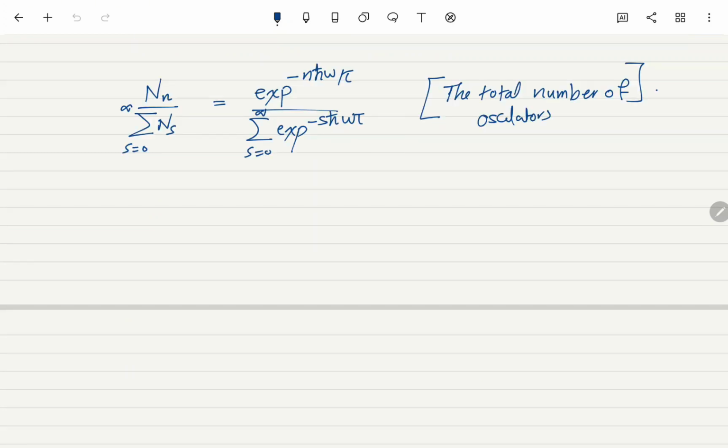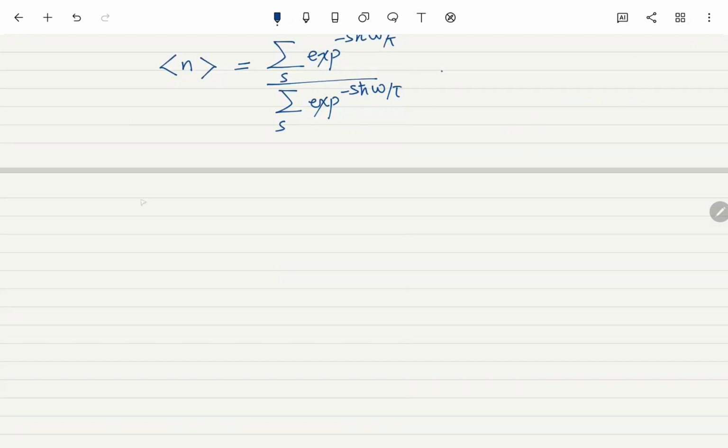Therefore, the average excitation quantum number of the oscillators is n, equal to the summation over s of s exponential minus s h bar omega over tau divided by the summation over s of exponential minus s h bar omega over tau.